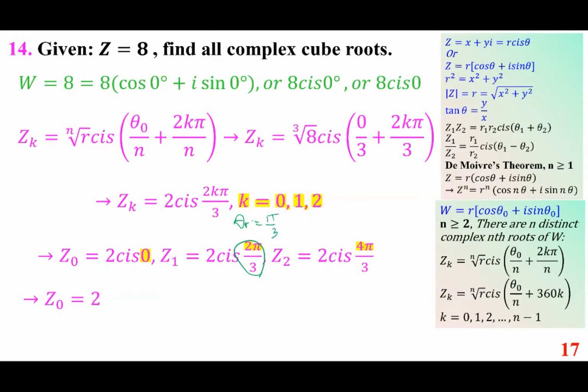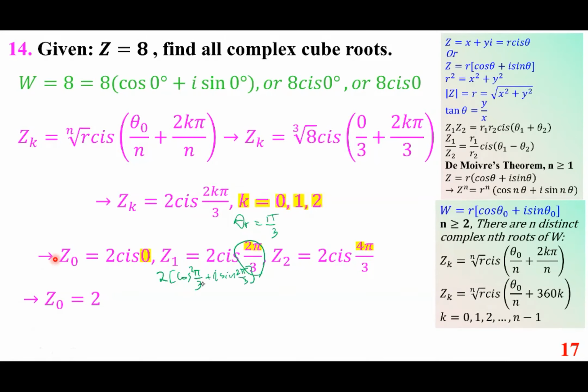So let me just write this as 2 times cosine of 2 pi over 3, but it's negative, plus i sine of 2 pi over 3.